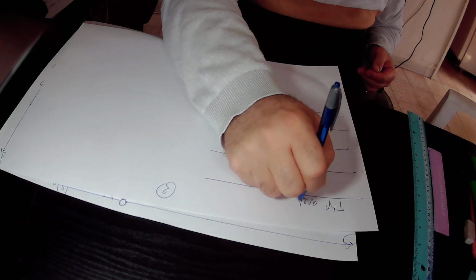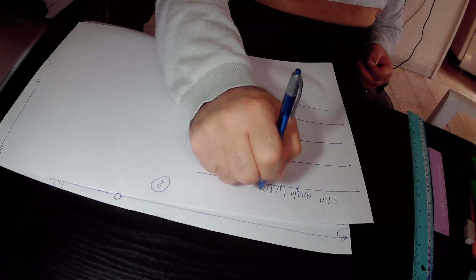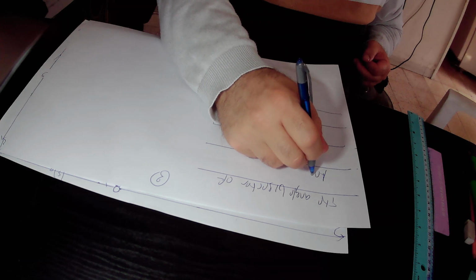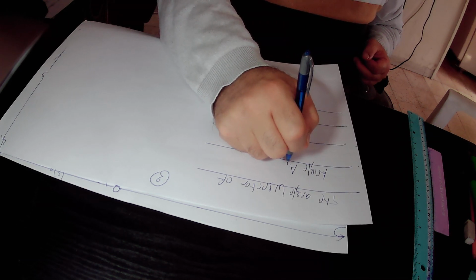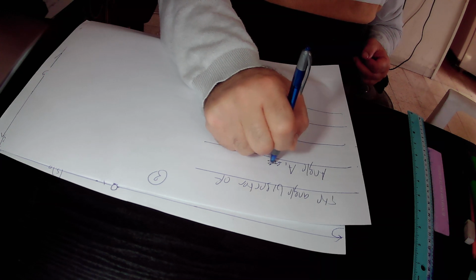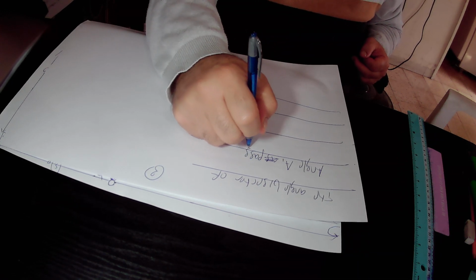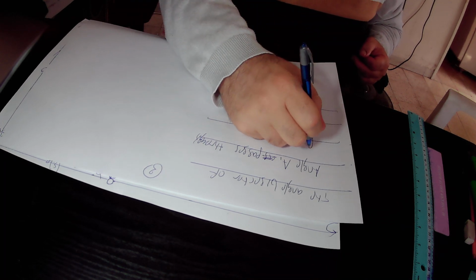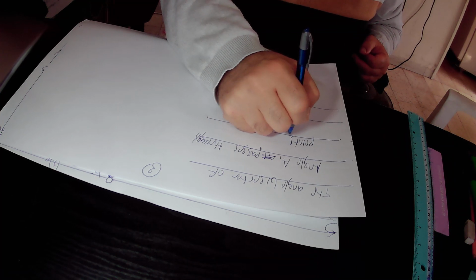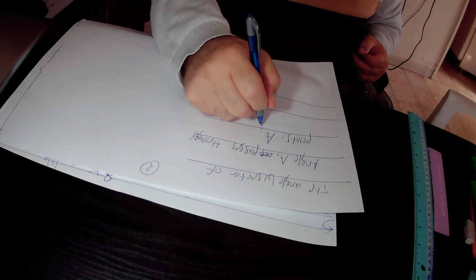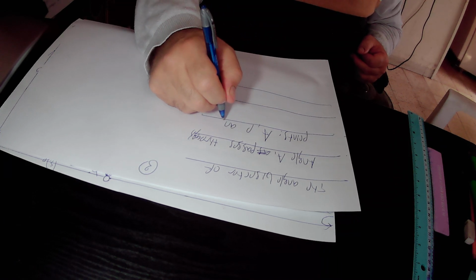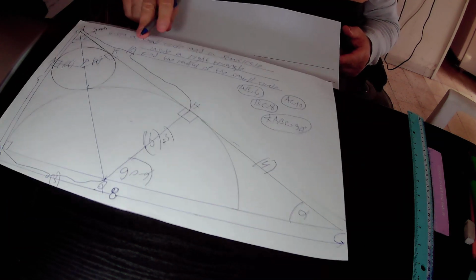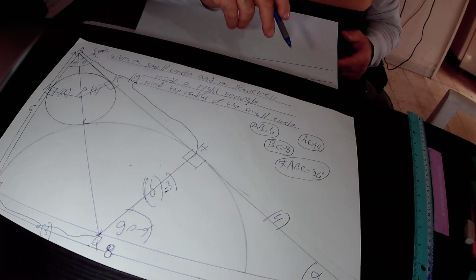The angle bisector of angle A passes through points A, P, and Q. And again, the angle bisector of this angle A passes through points A, P, and Q.